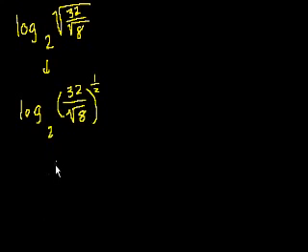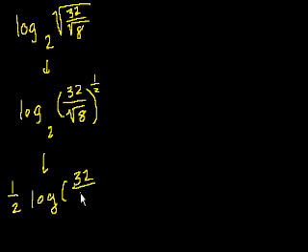And we know from our logarithm properties, the third one we learned, that that is the same thing as 1/2 times the logarithm of 32 divided by the square root of 8. I just took the exponent and made that the coefficient on the entire thing, and we learned that in the beginning of this video.